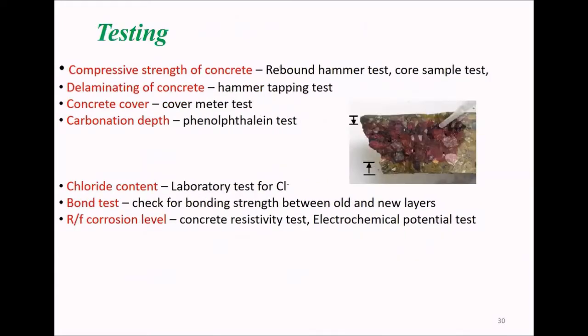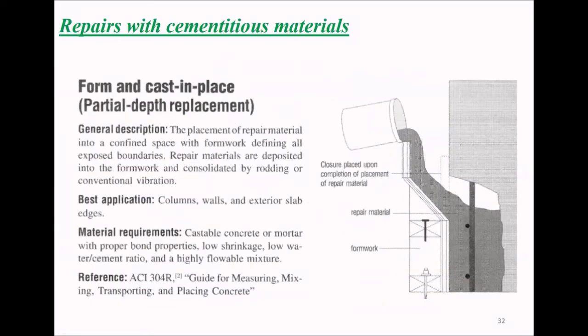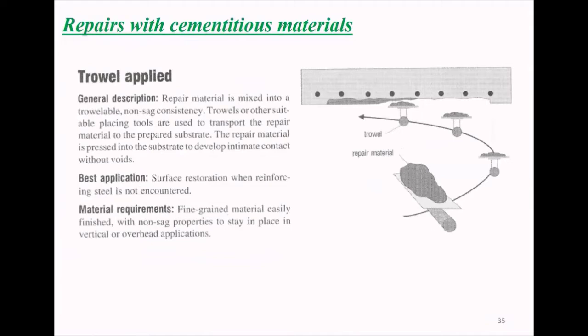These are the tests that we have done for identifying some properties in concrete. And these are the methods that we can follow for this rectification works. This is not a very simple one, very difficult and costly also. And these are some other methods.